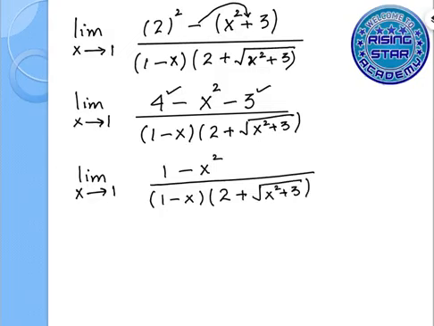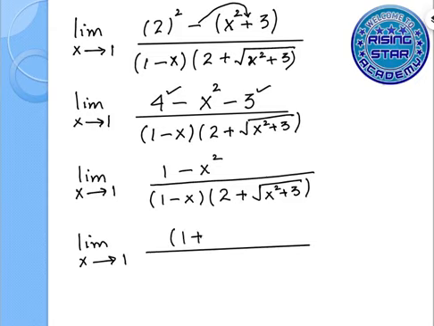Now if I put again x equals 1, it would become 0 by 0 form. So I will factorize the numerator as well. So 1 minus x square can be written as 1 plus x times 1 minus x.